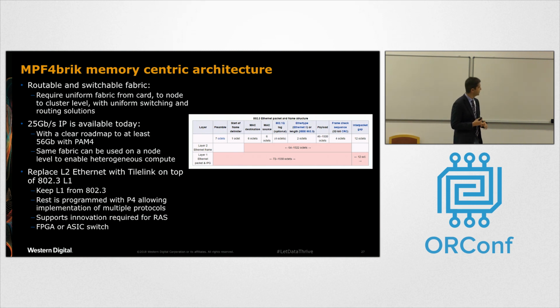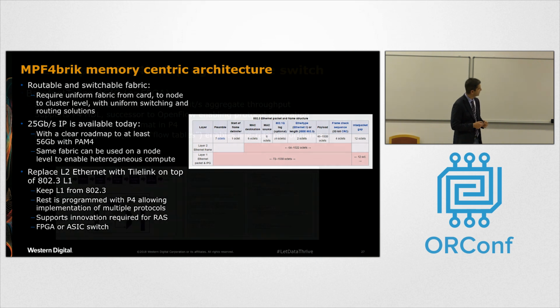What's actually being done is that we are replacing L2 Ethernet with tiling on top of 802.3 L1, so you can use the standard Ethernet IPs on the SoC. You obviously need some hardware that will actually do the packing. Then the P4 programmable switches allow you to parse the packets and understand how to do the routing. This is a cool way to do that.